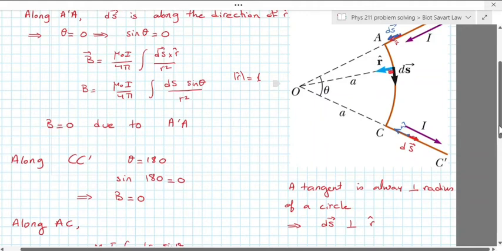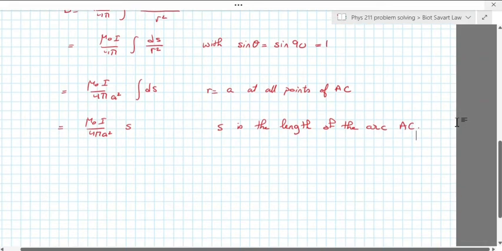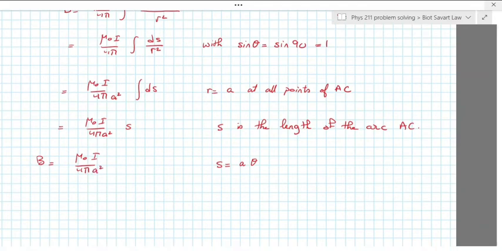However, in this problem we are given the radius and the angle theta formed along the whole arc. So I can write it in terms of A and theta: the length of any arc in a circle is equal to the radius times the associated angle. So I can write B equal to mu 0 I over 4 pi A squared times A times theta.